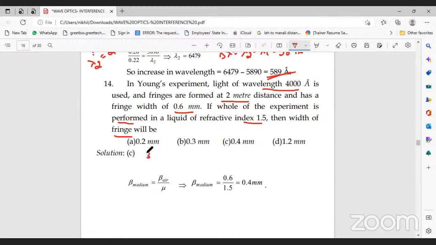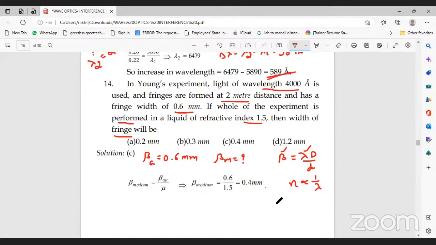Fringe width here is given as 0.6 mm. What is the fringe width in the given medium they are expecting? You know the concept that fringe width is given by the formula lambda D by d. How are fringe width and lambda related? Directly proportional. How are refractive index and wavelength related?